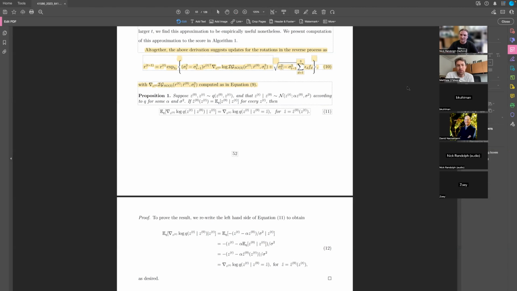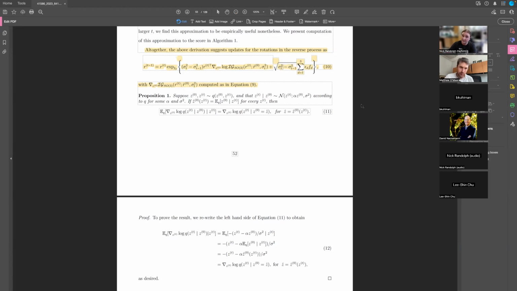Are there any questions on this? So is the main difference between RF diffusion and FrameDiff that RF diffusion uses the predicted structure from RoseTTAFold as the ground truth structure when calculating that loss?